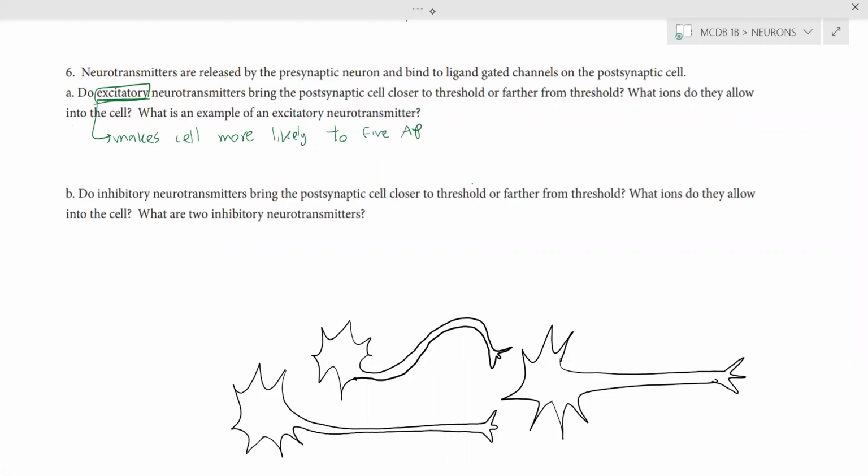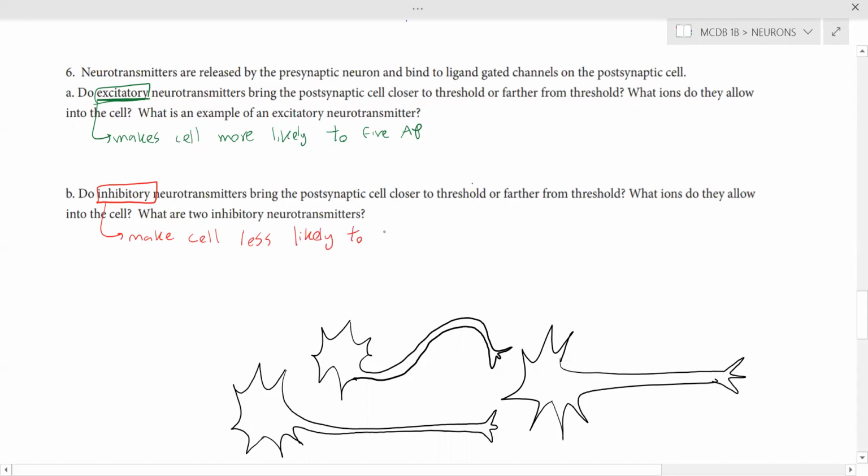Right, on the other hand, we have inhibitory neurotransmitters, and these make the cell less likely to fire an action potential. Cool. Let's go and talk about them one by one.